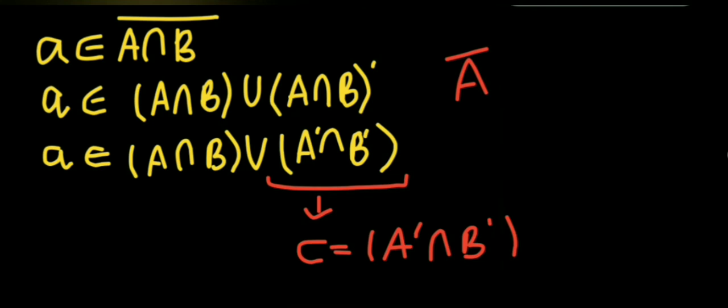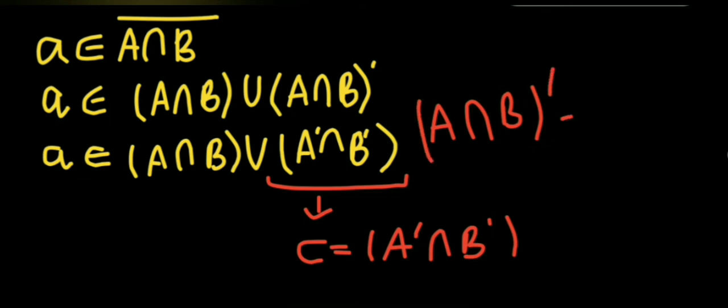We will expand this for closure of A intersection B. Then we can write it as a belongs to A intersection B union (A intersection B) prime. Now we can write it as a belongs to A intersection B union A prime intersection B prime, just because (A intersection B) prime is a subset of A prime intersection B prime. I have proved this theorem and the link is available in the description box.